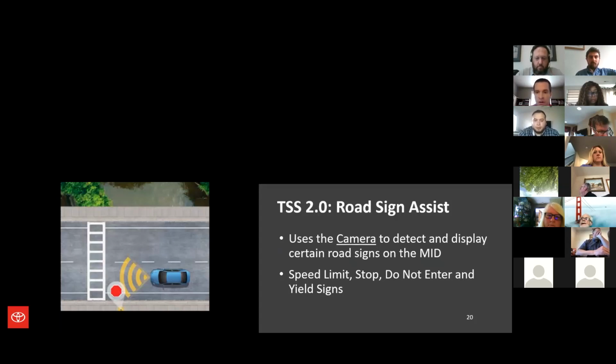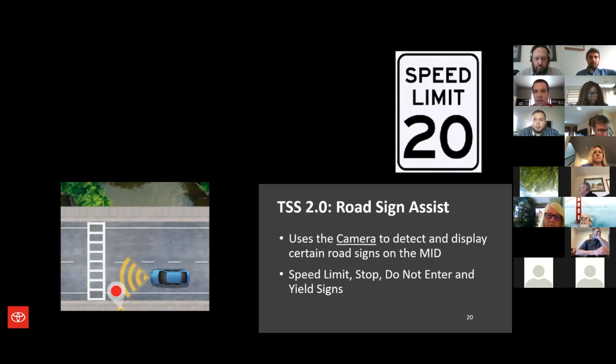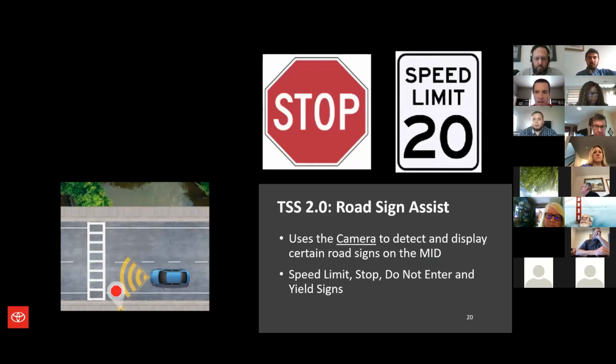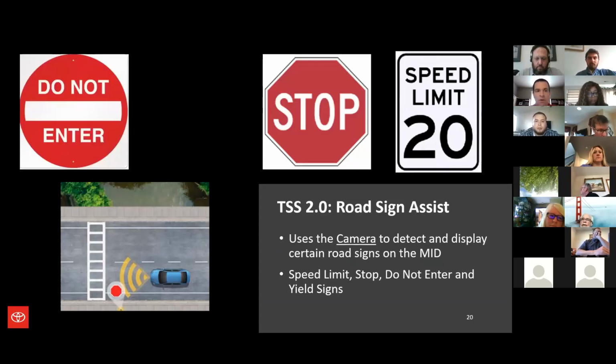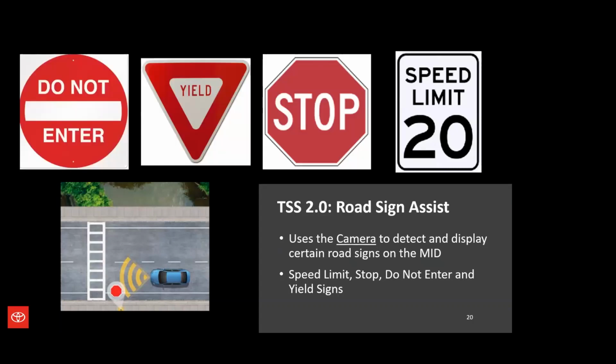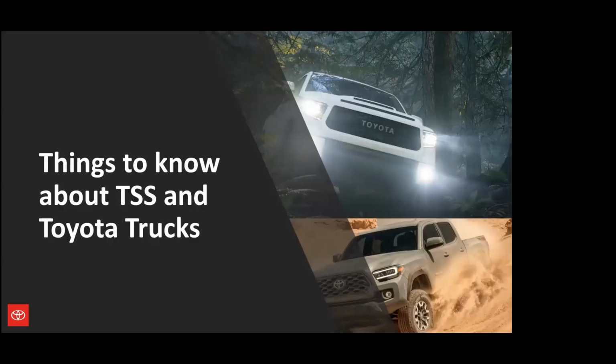These road signs are speed limit signs, stop signs, do not enter signs, and yield signs. And I can tell you from experience, that is literally my favorite feature, because we are on the road a lot, and the speed limit sign is usually the one that I utilize the most.